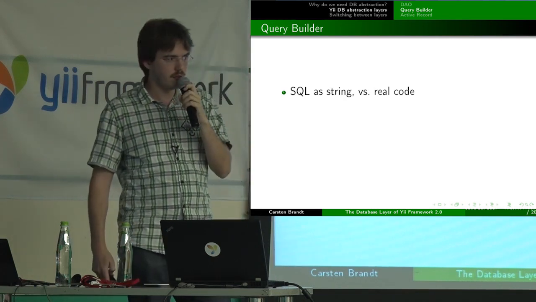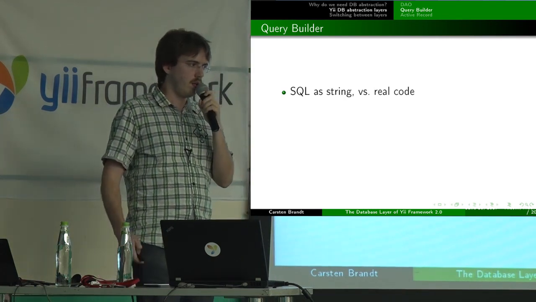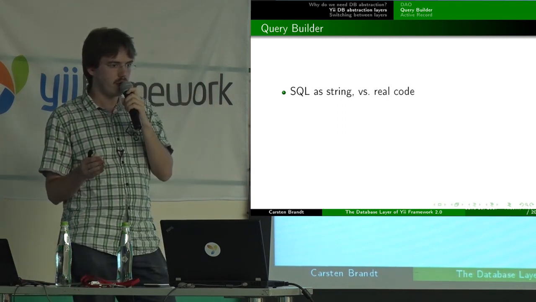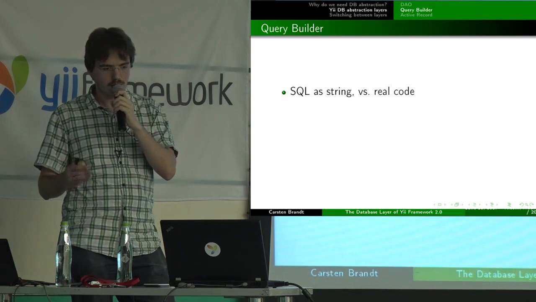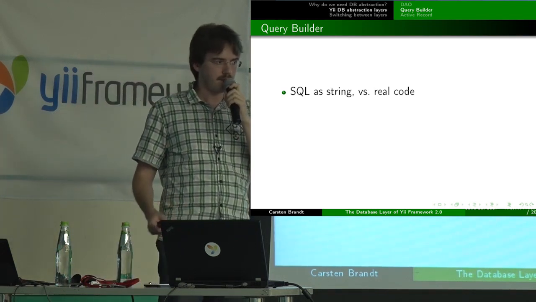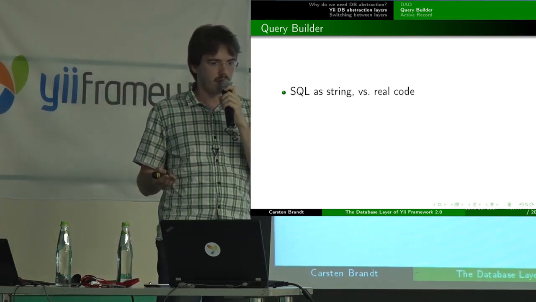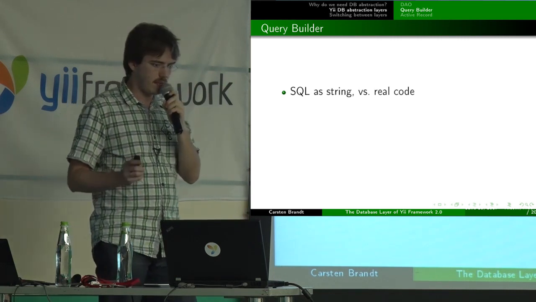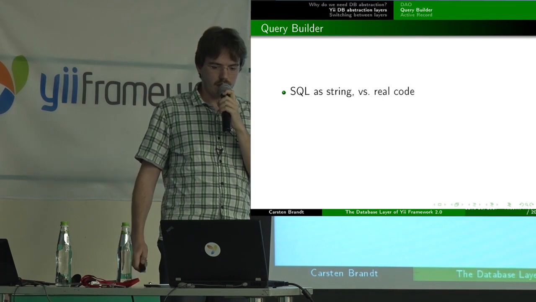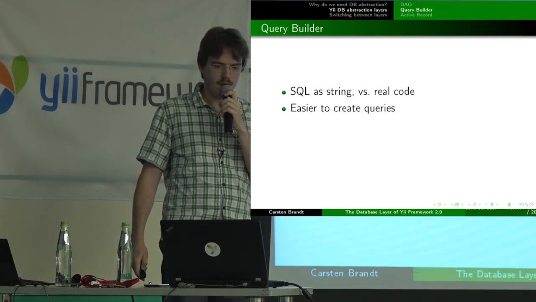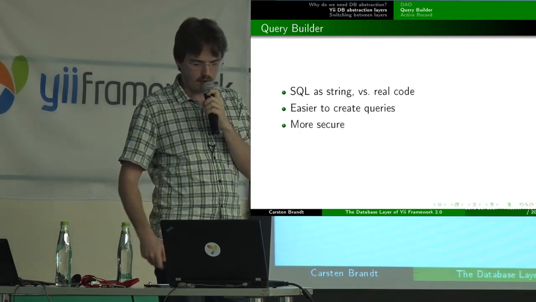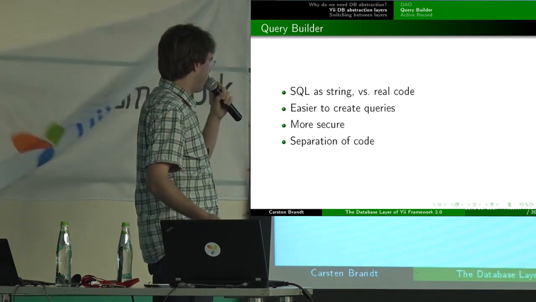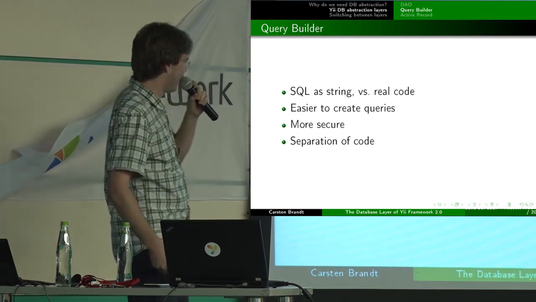And it's also possible to pre-create a query and then modify it later. So you have a method that returns a query and then modify it later in a different place by adding some conditions. And that becomes really handy when we come to ActiveRecord later. So it's more secure, I already said that. And separation of code, yeah, that's what the next slide is about.